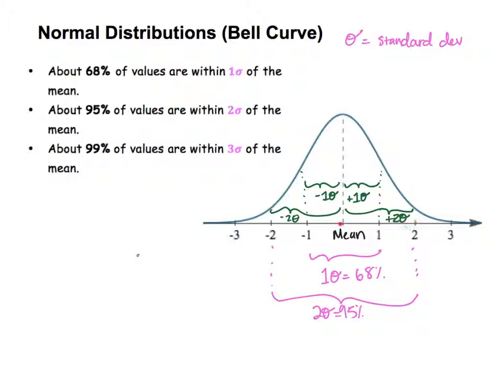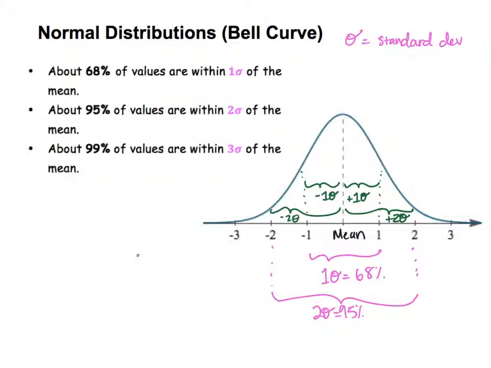So now this number would be 70 plus 20, which is 90. Whereas if you went to the left, you would be subtracting 20 from the mean, 70. So that would give you 50. So ranging from 50 to 90, 95% of my students would fall within that range. So students would be scoring from a 50 to a 90, somewhere in between those test scores.